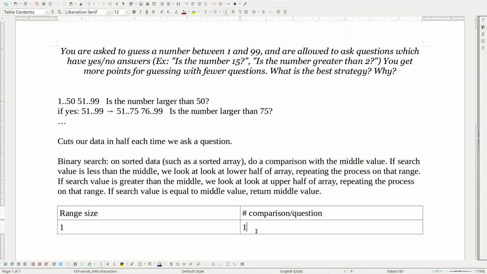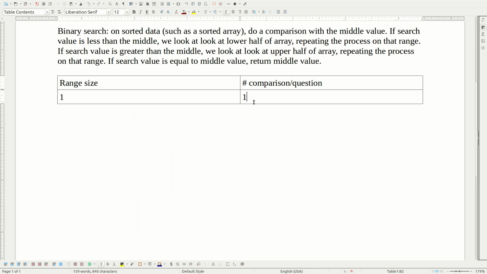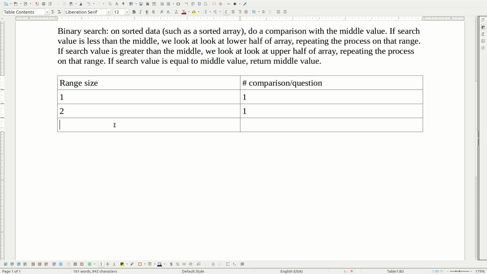If our range size was 2, then we can get our answer with at most 2 questions. We might have to ask, is it lower than the first item? No, then we give the second item as a result, and so on. We could actually do it in one comparison in that case, because we are able to conclude that the answer was the other number if they say yes or no.